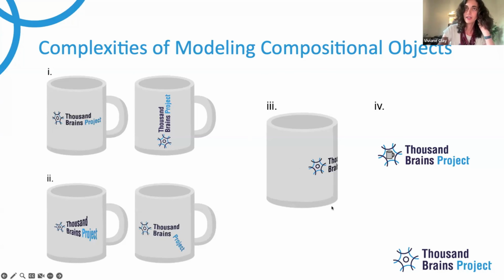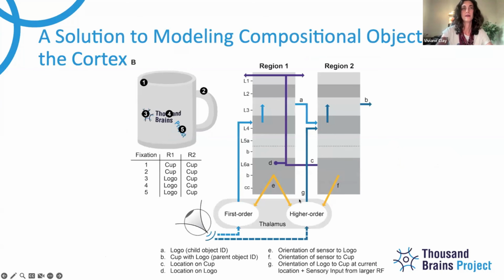So there are all these kind of combinations, and initially they seem kind of difficult to figure out, but the solution we came up with is that they get associated on a location by location basis, including object ID, location and orientation and scale of the child object relative to the parent. So how would this look like in a cortical column using these long-range connections?